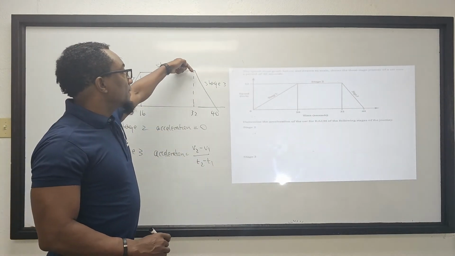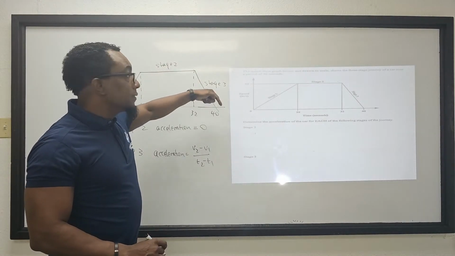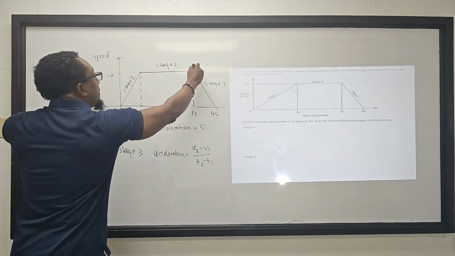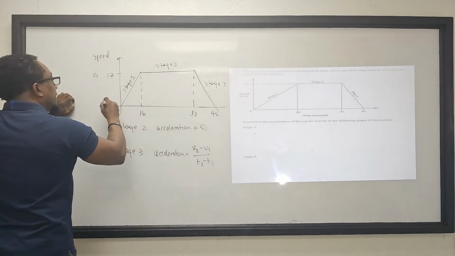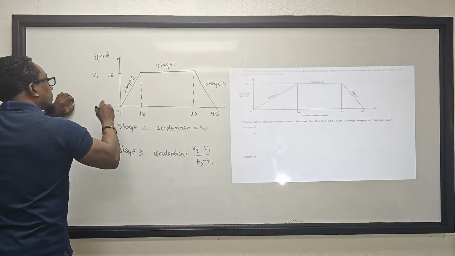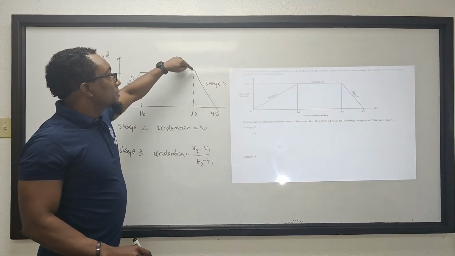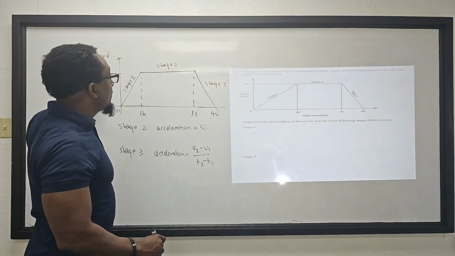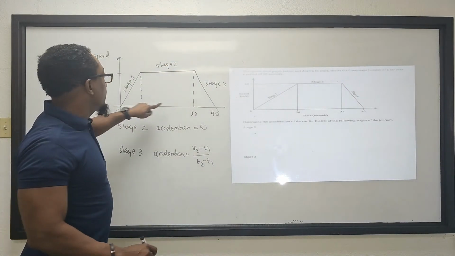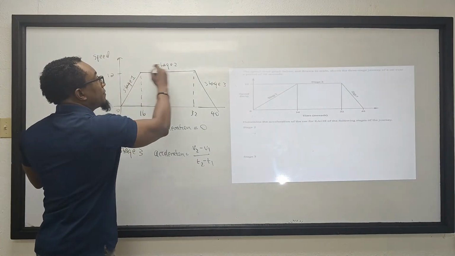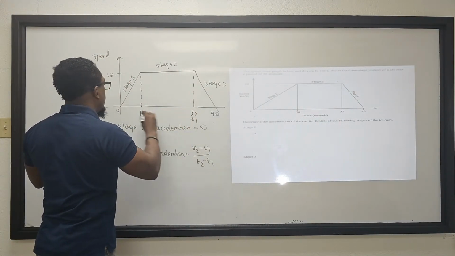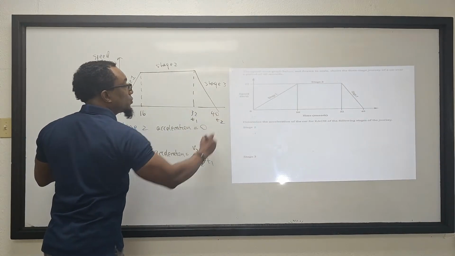So because we're looking at stage 3 and moving downwards, then this will be v1 and this will be v2. So we're moving downwards, we're starting here, so this will be the velocity v1, we're ending here, this is the velocity v2. And of course, if this is v1, then this will be t1. If this is v2, this is t2.